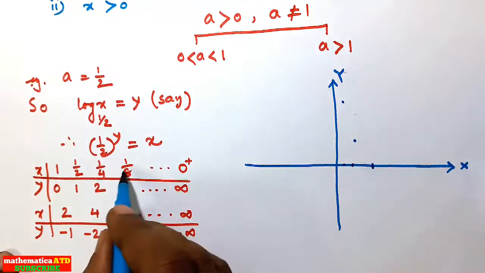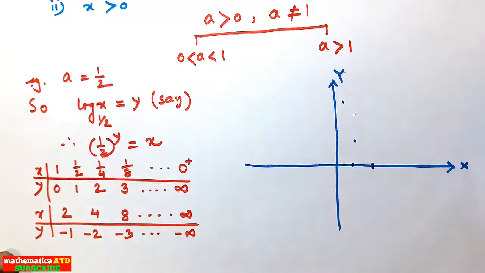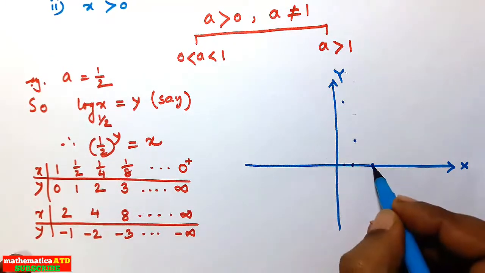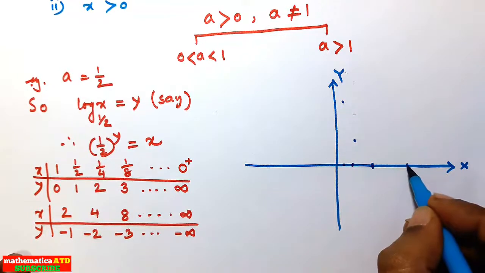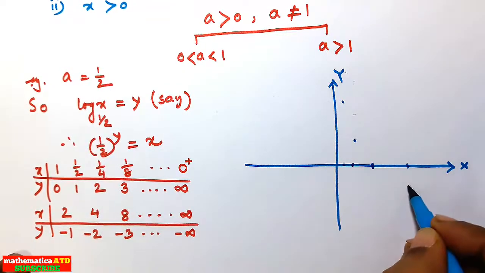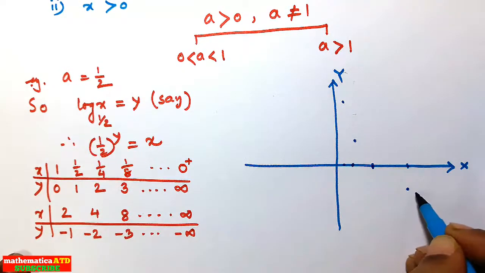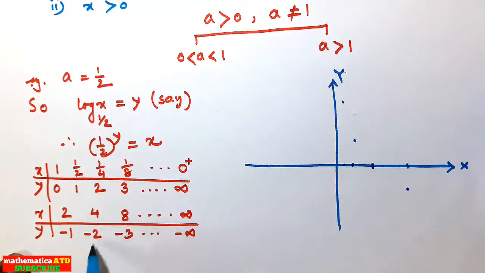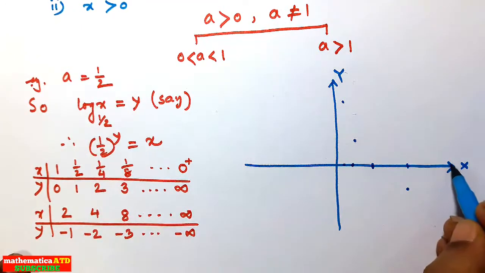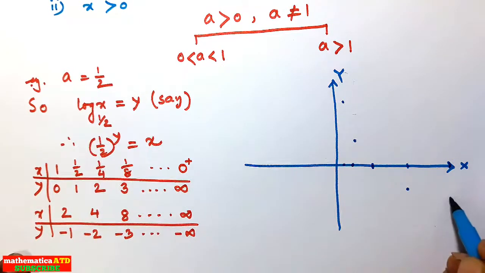In this way 1/8, 3, and if we take the other values, 2, -1, and next is 4, -2, and so on.